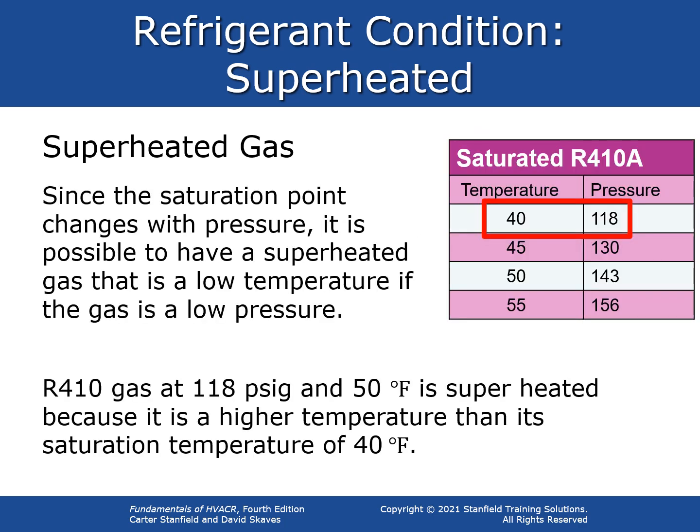Since the saturation point changes with pressure, it is possible to have a superheated gas that is a low temperature if the gas is at a low pressure. For example, R-410A gas at 118 psig and 50 degrees Fahrenheit is superheated because it has a higher temperature than its saturation temperature of 40 degrees.